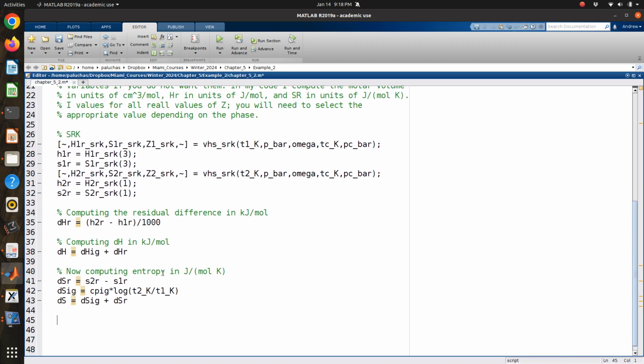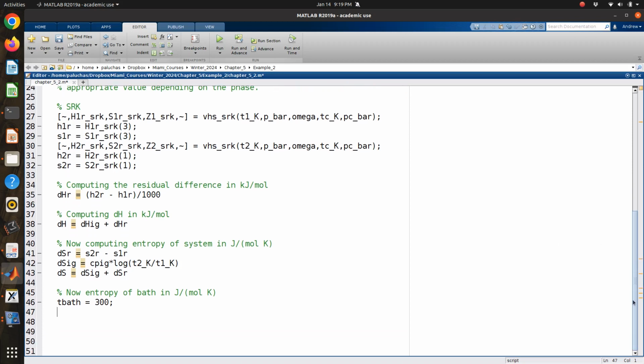So now computing entropy of system. Now entropy of bath, and again we're in joules per mole Kelvin. So T bath was 300 Kelvin, and so ds bath is going to be equal to, well, negative Q. Q is equal to dH, so it's going to be negative dH.